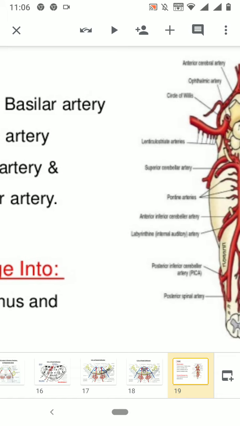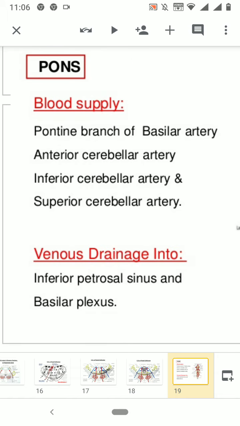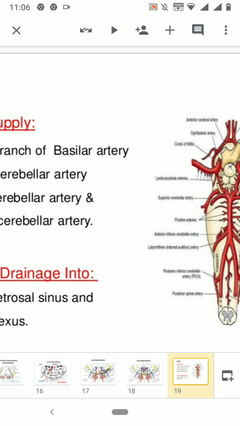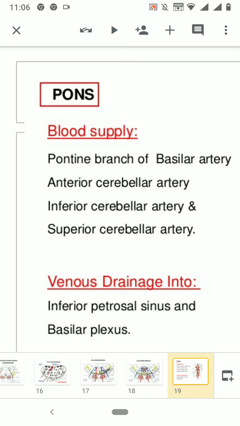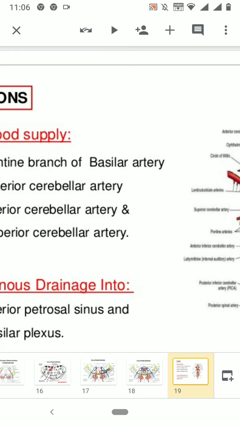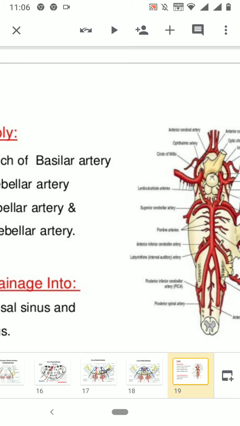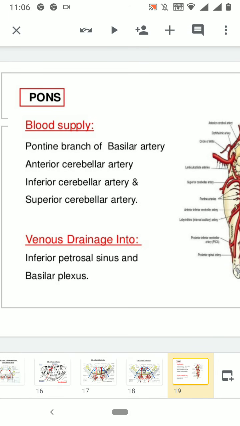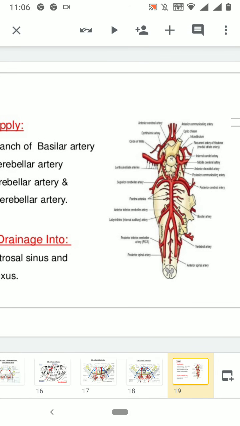Now this basilar artery is very important for the blood supply of the pons. The basilar part of the pons is supplied by direct branches from the basilar artery. There are other arteries which also take part in the blood supply of the pons, like the anterior inferior cerebellar artery, which is given off just above the junction of the two vertebral arteries forming the basilar artery.